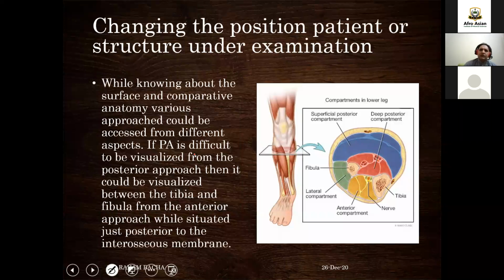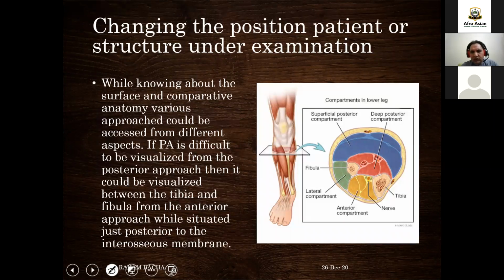Sometimes you can change the axis or the approach of the transducer. Just for example, we are going to evaluate the peroneal artery. If it is difficult to localize it from the posterior aspect, then we can evaluate it from the anterior aspect as well.